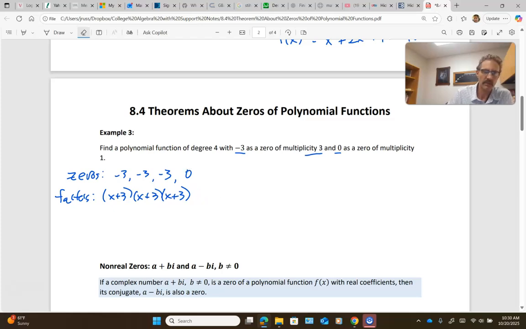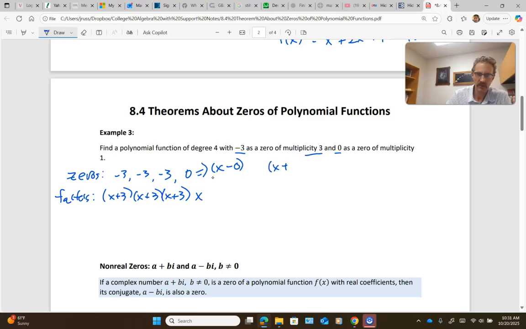But we typically don't express it as x minus 0. Because what does x minus 0 simplify to? Well, x minus 0 is just x. So typically, the book might show you x minus 0, but it's just going to simplify to x. So anytime you have 0 as one of your zeros, your corresponding factor is just going to be x. Alright, well these are all my factors that I need to multiply together to get my polynomial for this one.